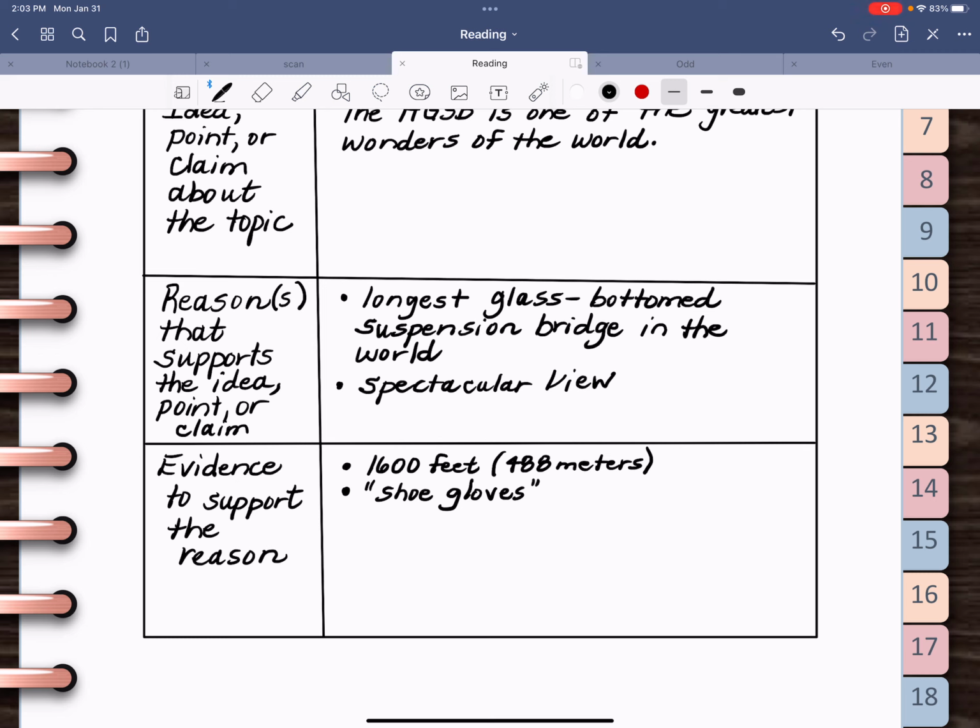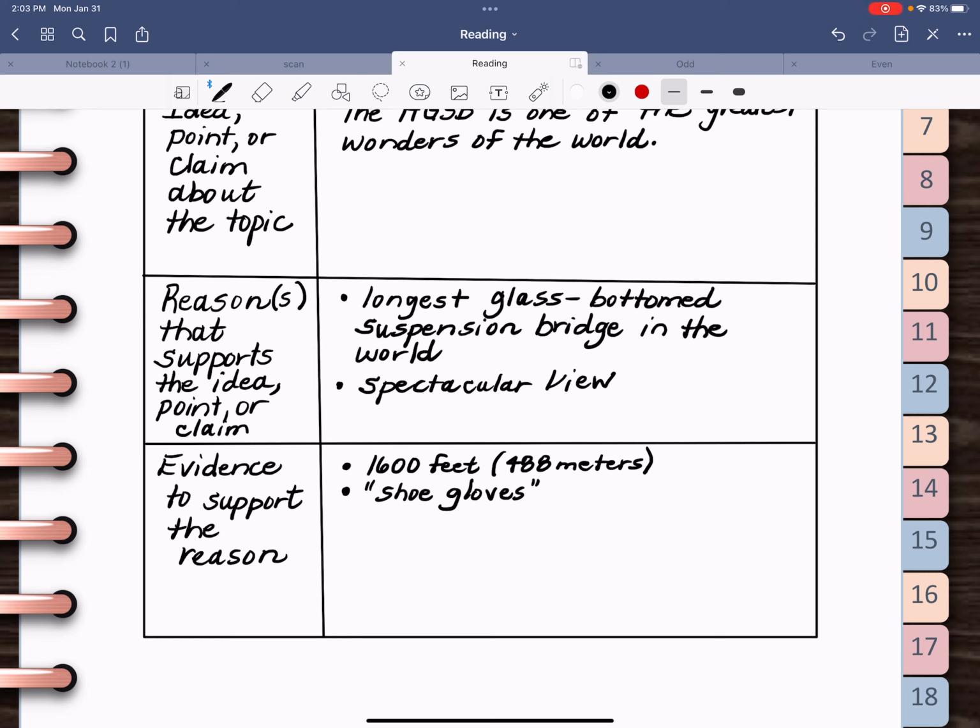Okay. Now my thought is if I have to wear shoe covers to protect the glass, that doesn't sound too safe to me, but that's just my opinion based on this passage. We have to base everything on the passage.